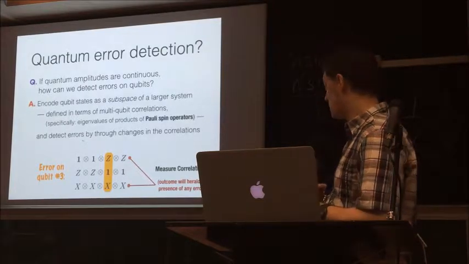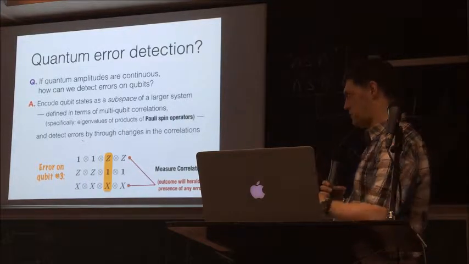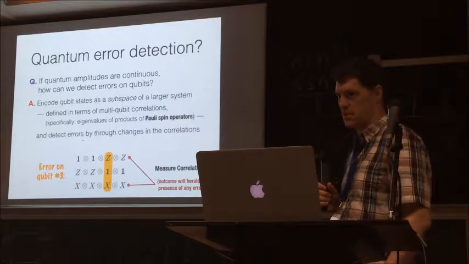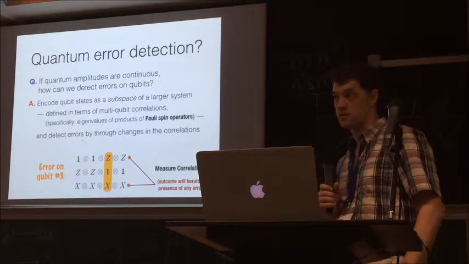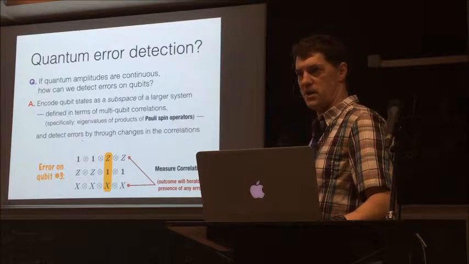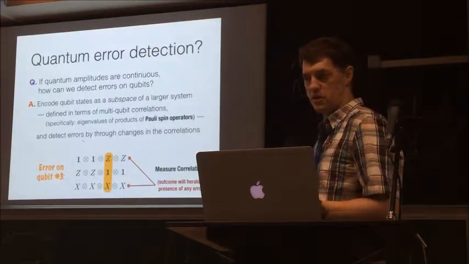If you've got a sufficiently well-designed collection of these parity properties, you can not only detect that an error has occurred, but you can detect what error has occurred and how to fix it. You can't correct arbitrary errors, but all that you want is that you can detect the errors that are likely to occur.